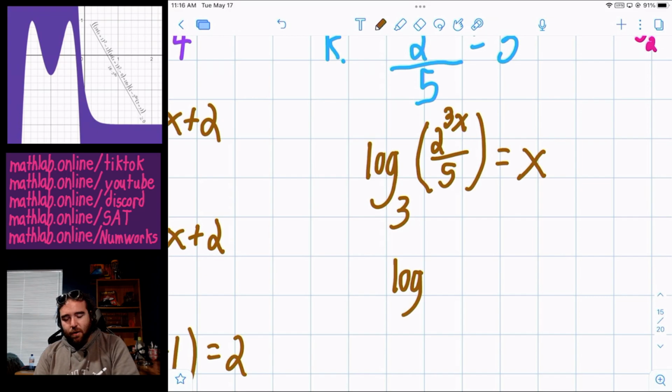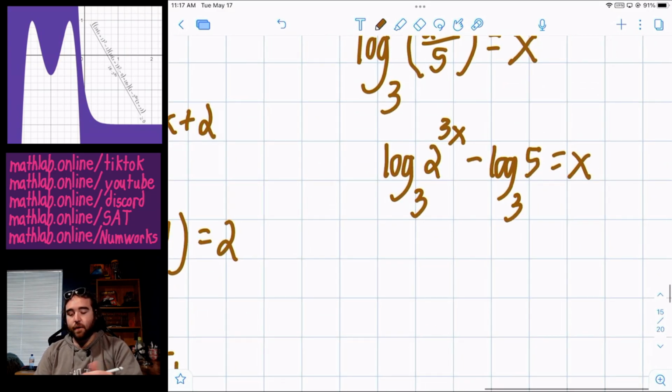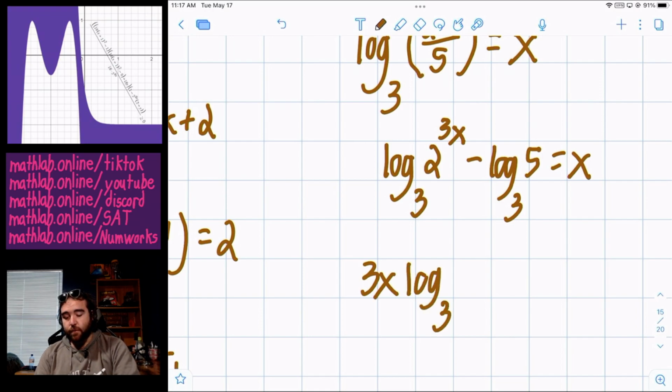I would make that log base 3 of 2 to the 3x. Because we can't just bring that 3x to the front yet, because it's not the entire inside of the log raised to the exponent. But once we split it up like this, now it is the entire inside of the log raised to the exponent. So we can bring it out to the front.